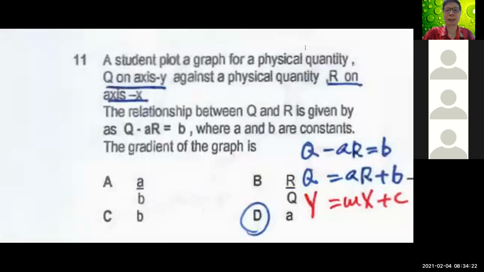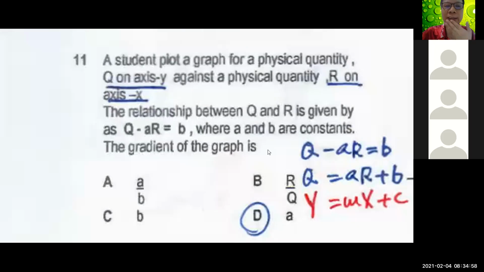Marcus, is it question 11 now? Marcus, where are you? Ng Jing Yong says yes, so I think it's correct. So now we continue with question 11. Charisma, can you confirm? Is it question 11 now? Okay, thank you, Charisma and Jing Yong.